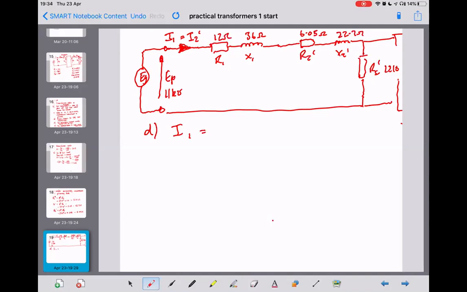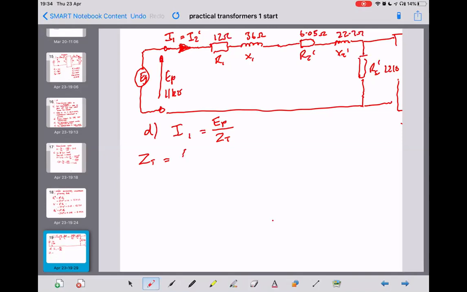E over Z. EP over ZT. So what have we got to find first? ZT. It's got three real parts, R1, R2 dash, and RL dash.